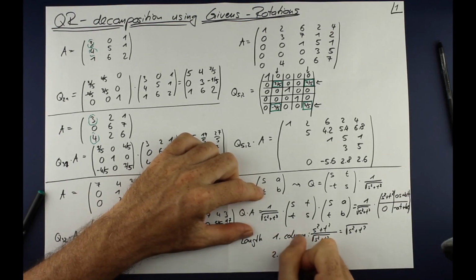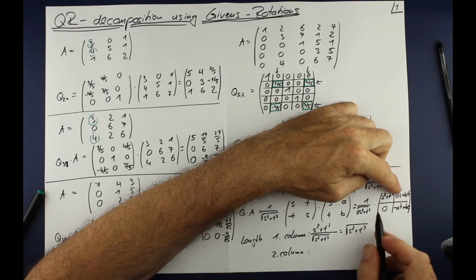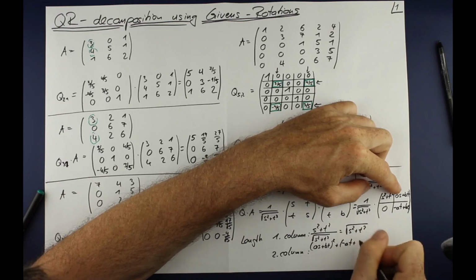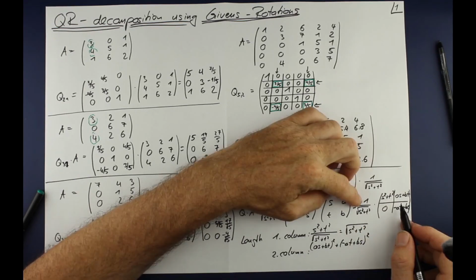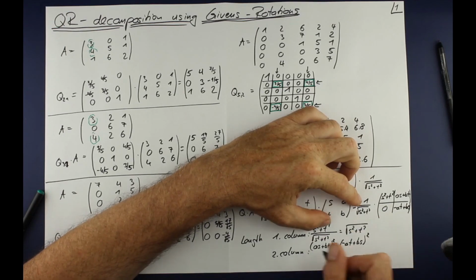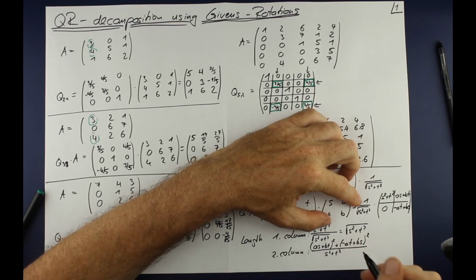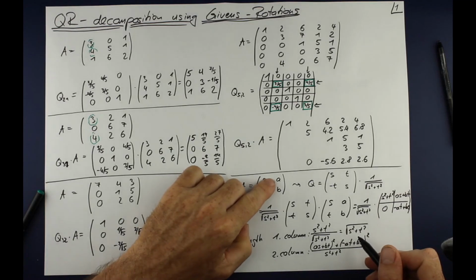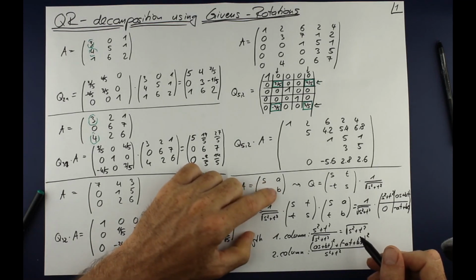Then the second column, the length is AS plus BT squared plus minus AT plus BS squared. And let's not forget the denominator. This is this one squared, so S squared plus T squared. And what do we want to see? That this number is equal to square root of A squared plus B squared.